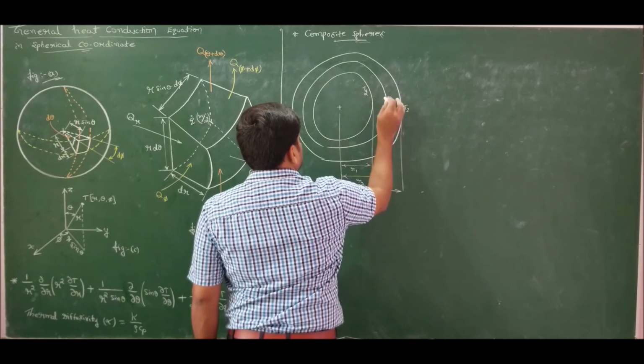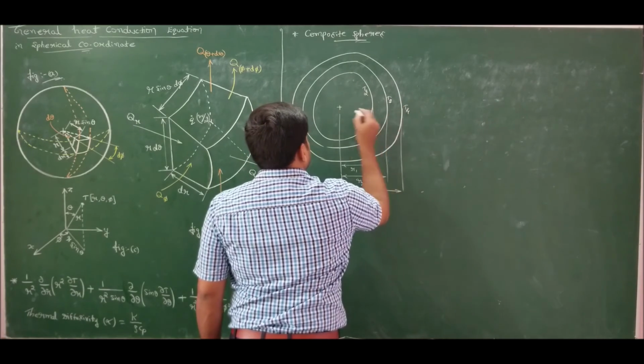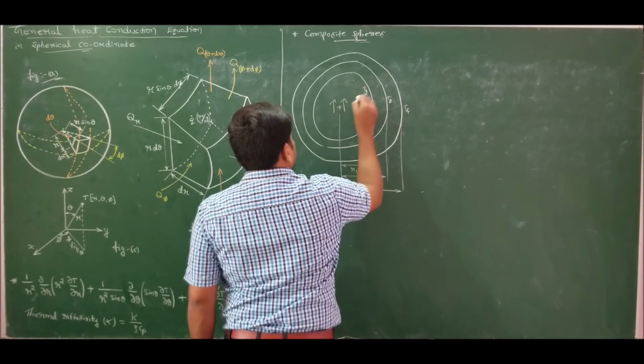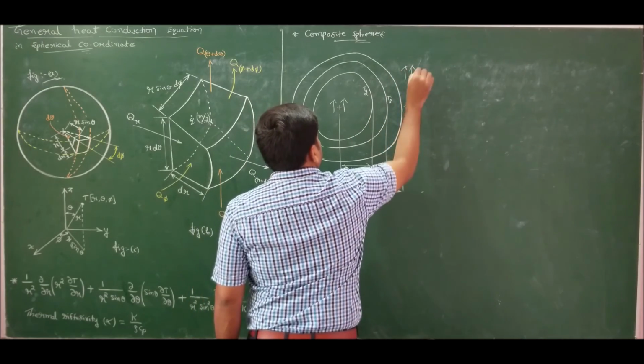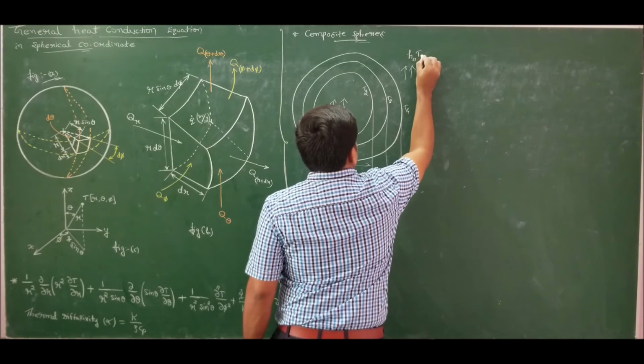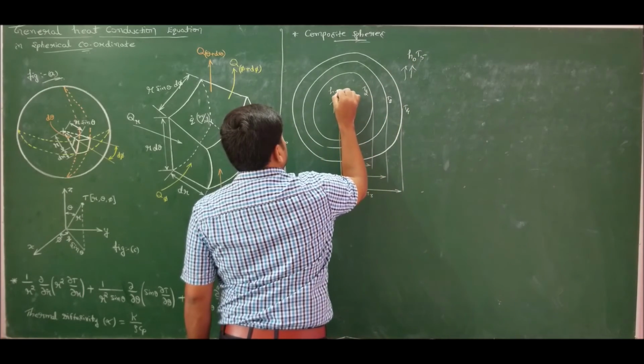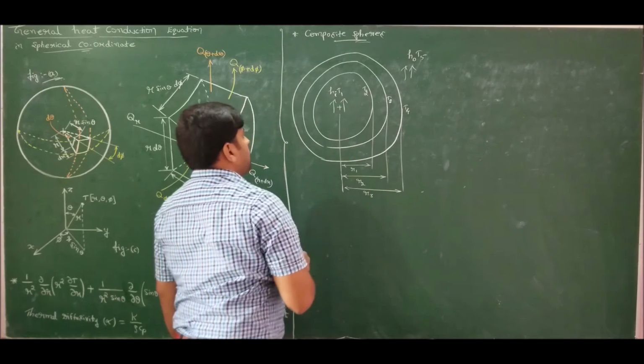Let us take it as T2, T3 and T4. Let us consider the convective heat transfer inside and outside. Let us have convection, where the convective heat transfer coefficient is H0 and temperature is T5. Here the convective heat transfer coefficient is Hi and temperature is T1.